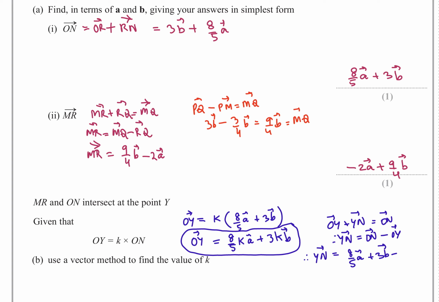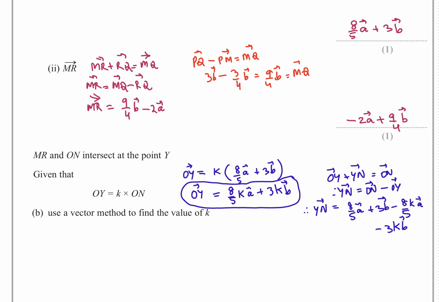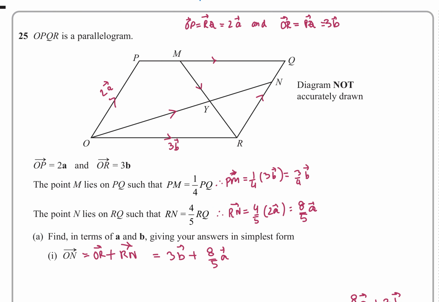So OY is minus 8 over 5ka, and then minus 3kb. So then that is YN. It's important, we'll be using it, so I will just put a ring around it. So that is YN.